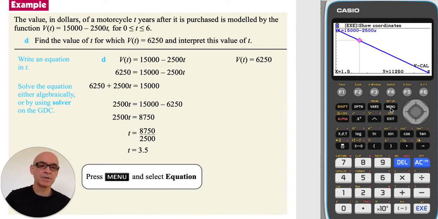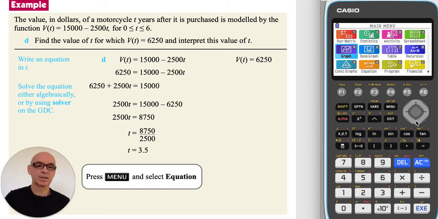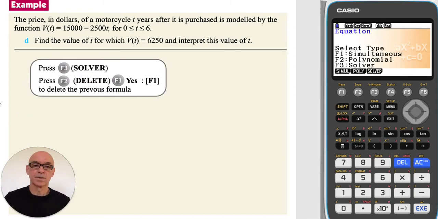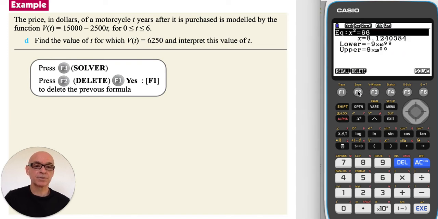So from the main menu, if we select Equation, then select F3 for Solver, followed by F2 to delete any previous formula, and F1 to confirm the deletion.